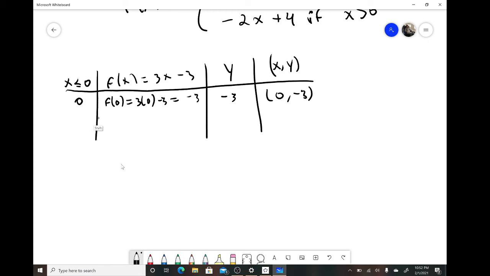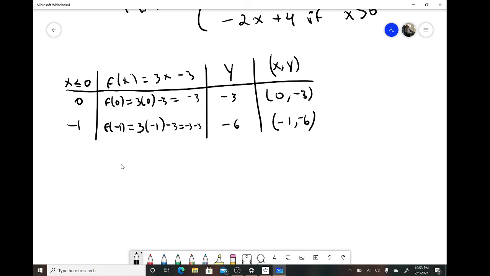I just need 1 point that is less than 0. Well, I could use negative 1. Negative 1 is certainly less than 0. Well, f of negative 1 equals 3 times negative 1 minus 3. 3 times minus 1 is minus 3. Minus 3 and minus 3 is going to be negative 6. So we have negative 1, negative 6.